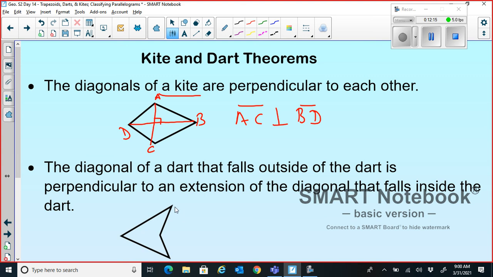For example, if I extend the diagonal AD to E, then AE is perpendicular to BC. Note down these two, and we will see the next theorem in another 30 to 40 seconds.